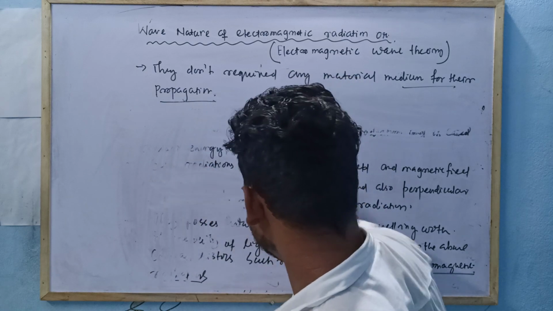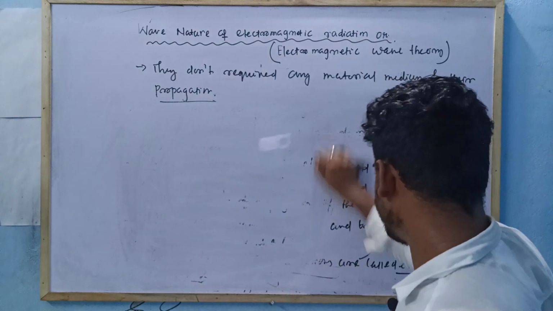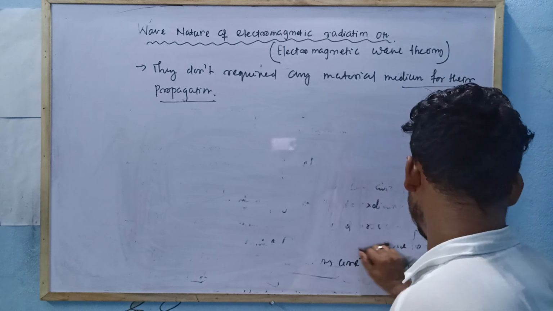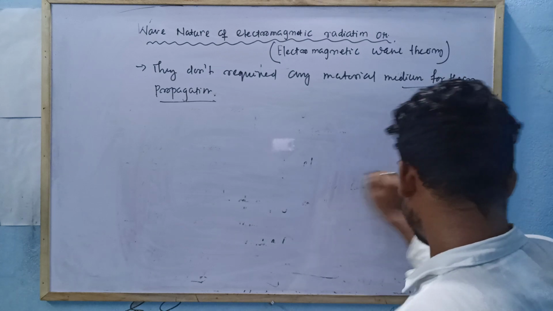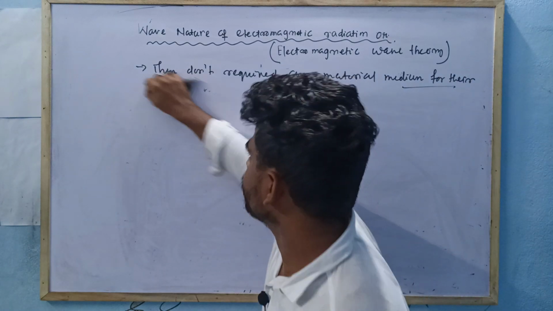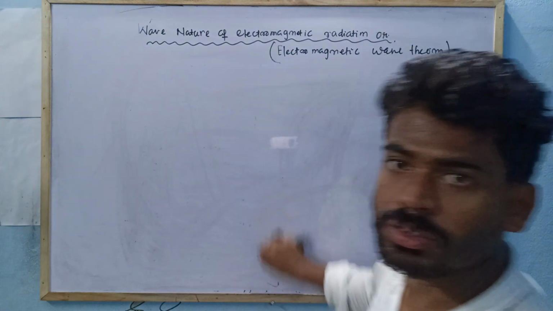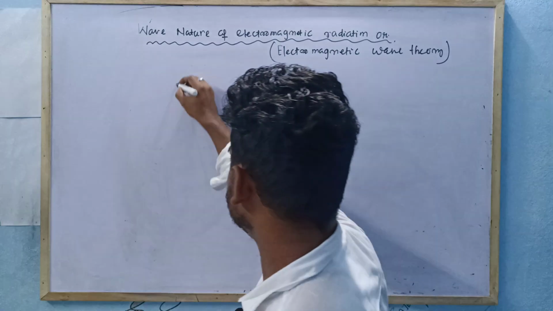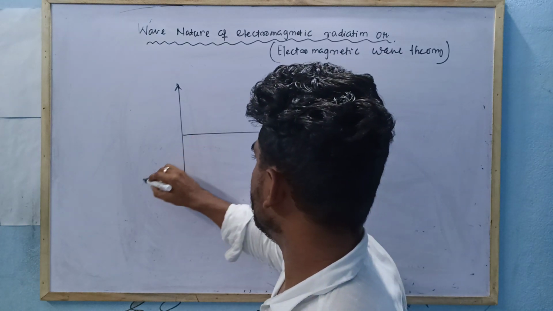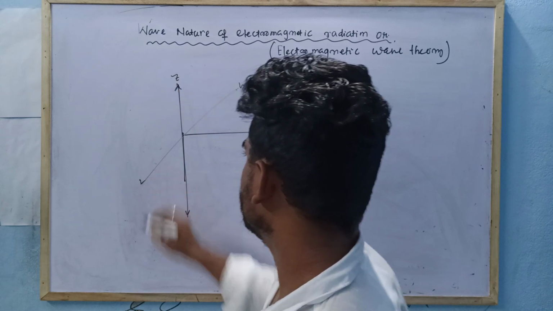So let us see how an electromagnetic wave actually propagates, since it possesses wave character. We have to discuss all the parameters of a wave, but before that let us see how it propagates. Suppose this one is your x axis, this one is your y axis and this one is your z axis.